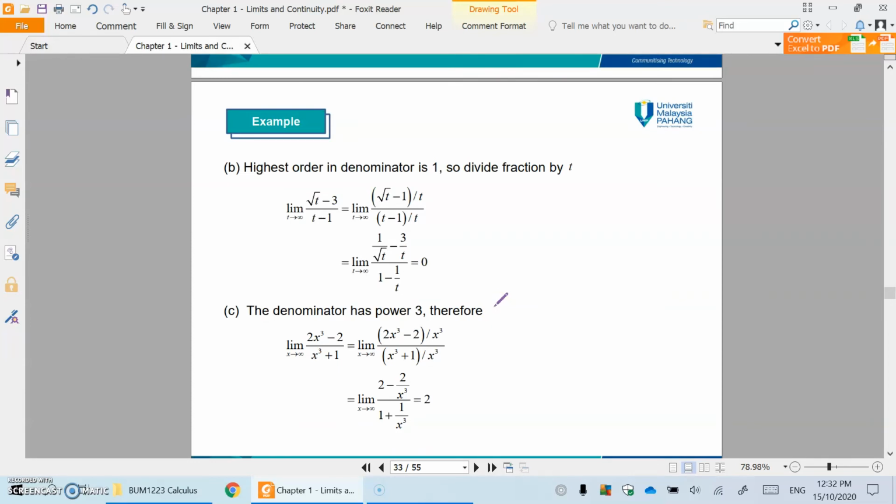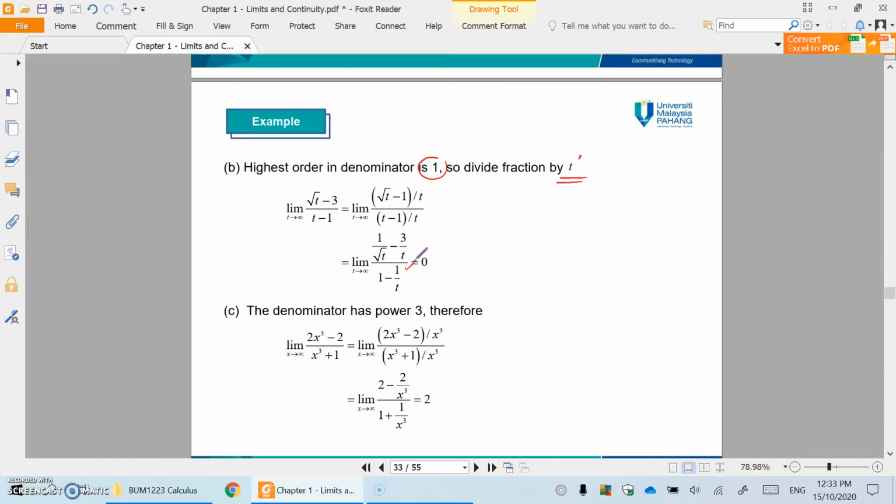Okay, so B. We have the limit of the square root of t minus 3, divided by t minus 1. The highest order is 1, so we divide by t to the power of 1. As we divide this equation by t to the power of 1, we will get this equation.